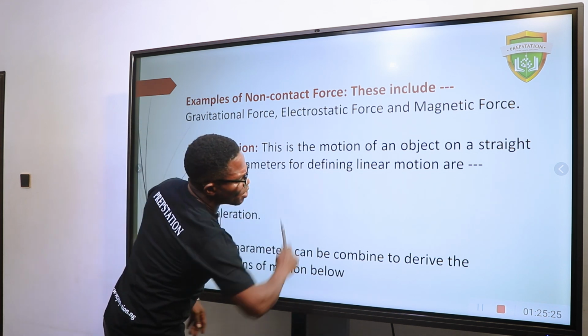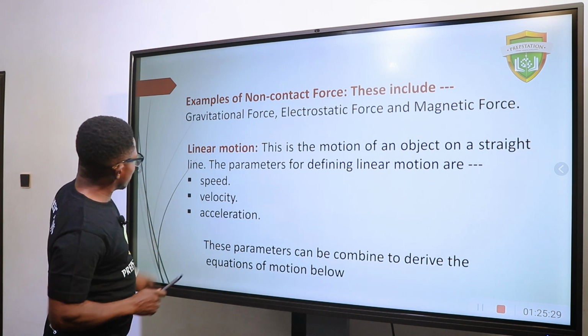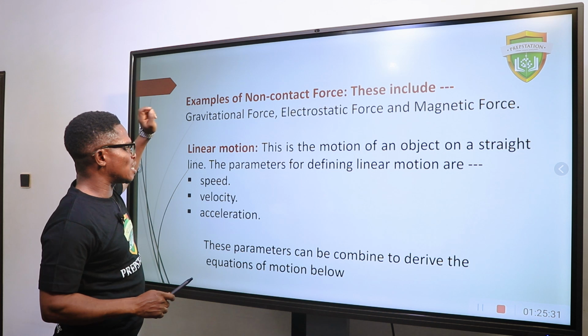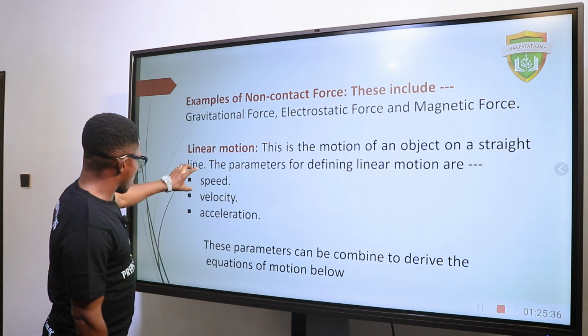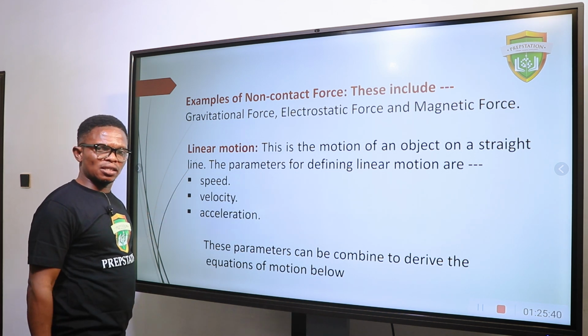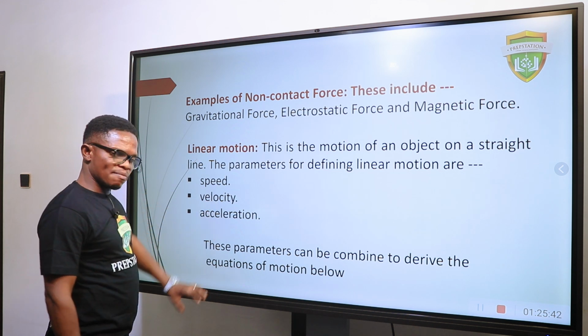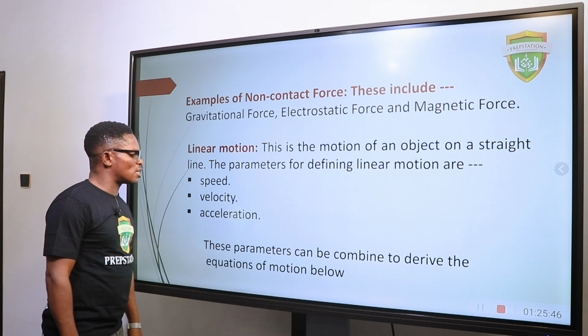Linear motion is the motion of an object on a straight line. That is the meaning of linear. The motion of an object on what? On a straight line. The parameters for defining linear motion are speed, velocity, and acceleration. These are the three parameters for defining linear motion: speed, velocity, and acceleration.